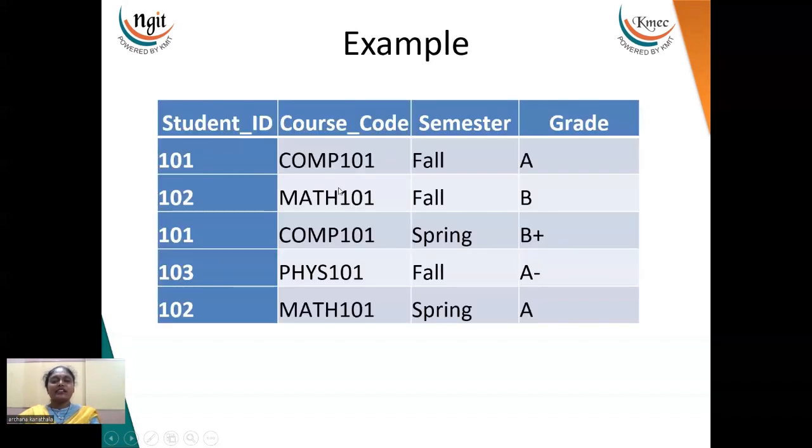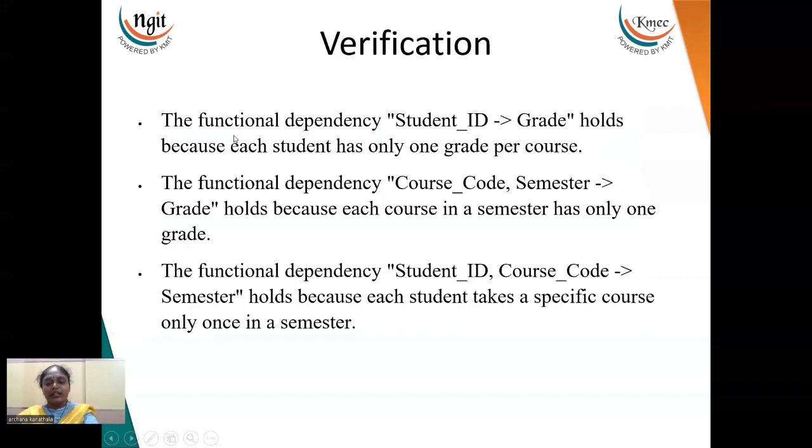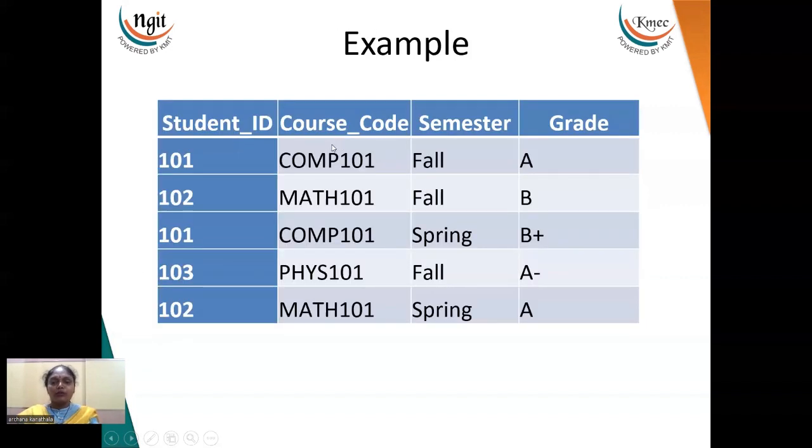Now let us take an example to understand functional dependency better. First look at the student table, which contains four different columns with five records. The first one is student ID, then course code, semester, and grade.